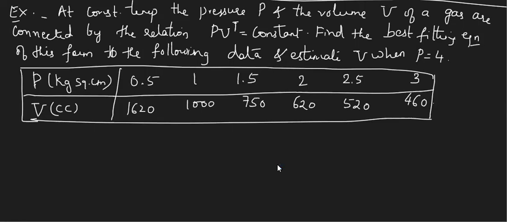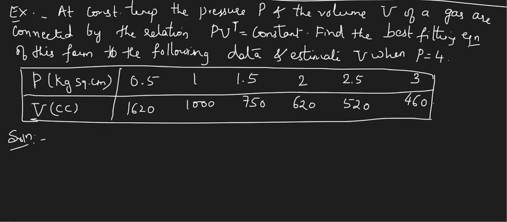So this is given by this relation, PV raised to T equal to constant. What is this T representing? Temperature, ma'am. And what they have given about the temperature? It's a constant, right?